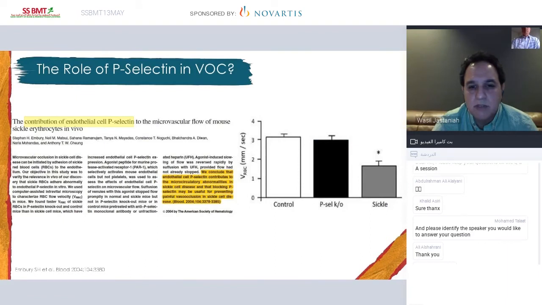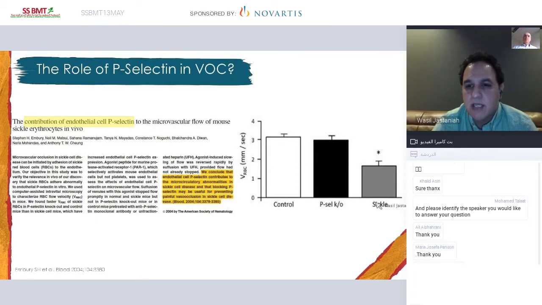Another mouse model also showed the importance of selectins and increased expression of selectins on the endothelial cells. And in this study, they looked at normal mice and looked at the blood flow velocity in these mice, showing that these mice had a normal flow velocity when compared to sickle cell mice that had a significantly reduced blood flow velocity in terms of millimeters per second.